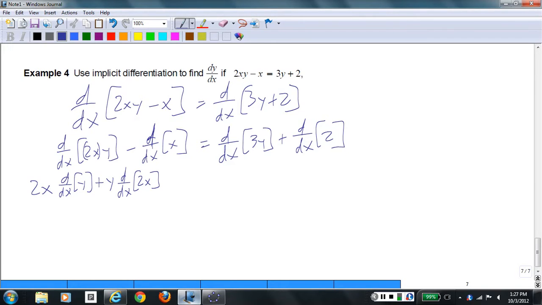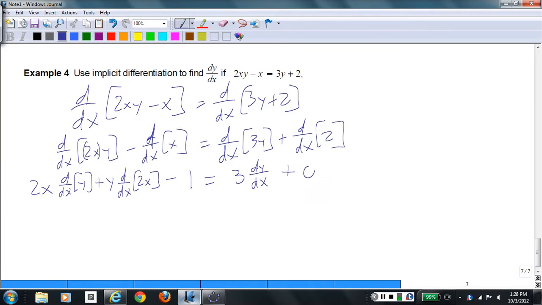minus the derivative of x, d dx of x, that's 1, equals d dx of 3y. Well, in that case, it'd probably be nice to take the 3 and drag it through the d dx notation, because it would be 3 times the derivative of y with respect to x, but that's 3 dy dx. d dx of 2? 0.